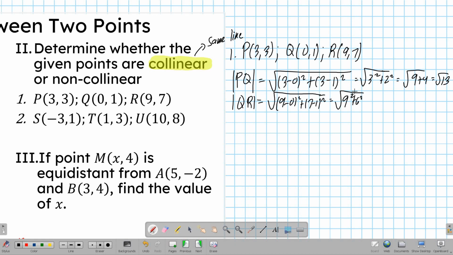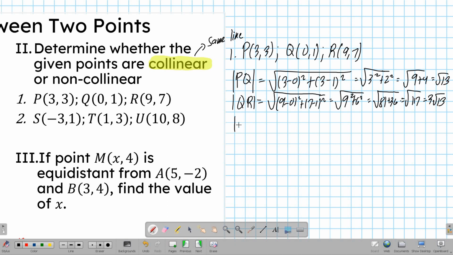So we're going to have the square root of 81 plus 36. That's equal to the square root of 117, which can be simplified to 3 square root of 13. So it seems we already have an idea here.